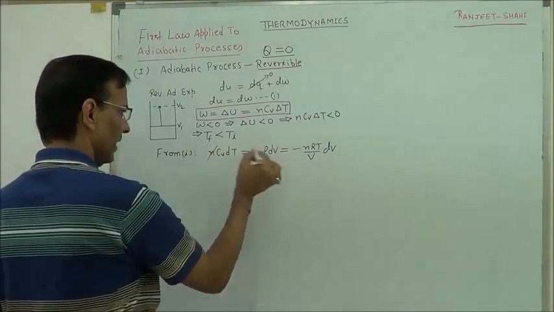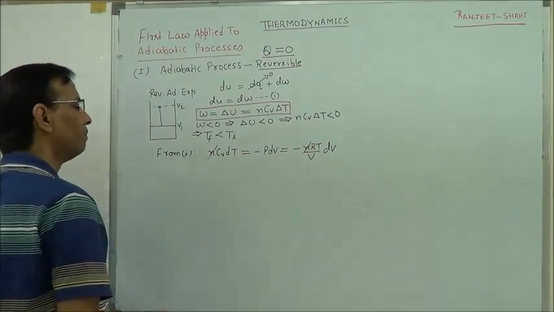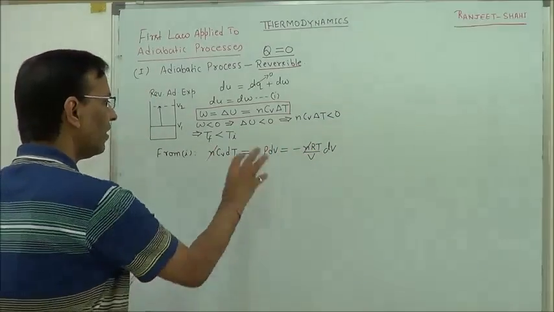So cancel the n on two sides and rearrange this equation.